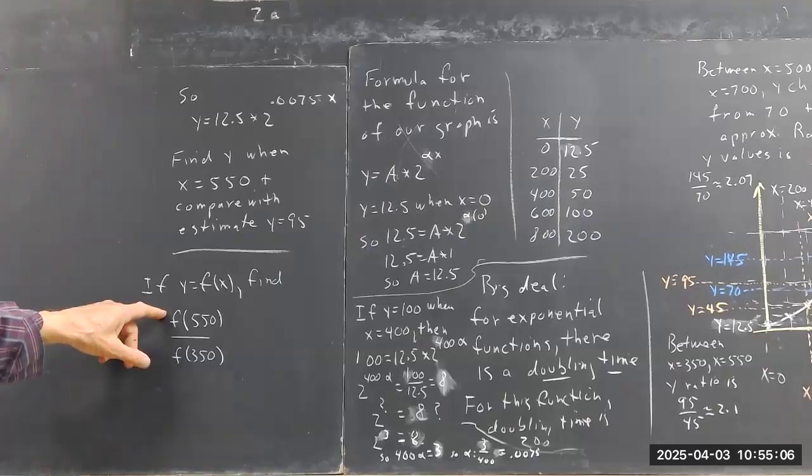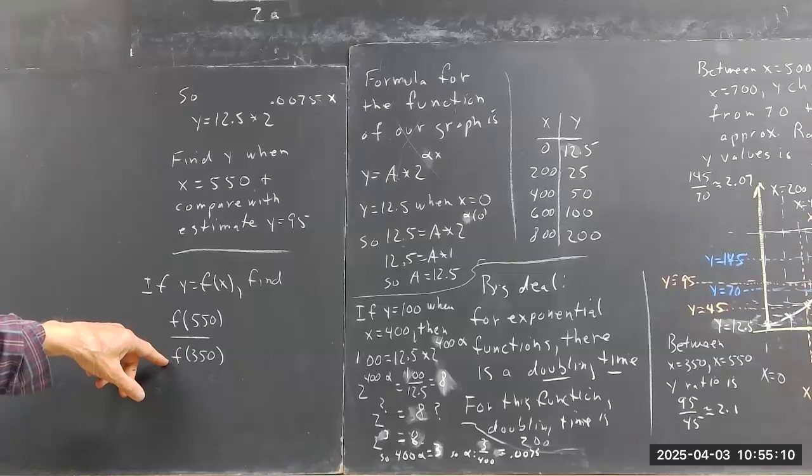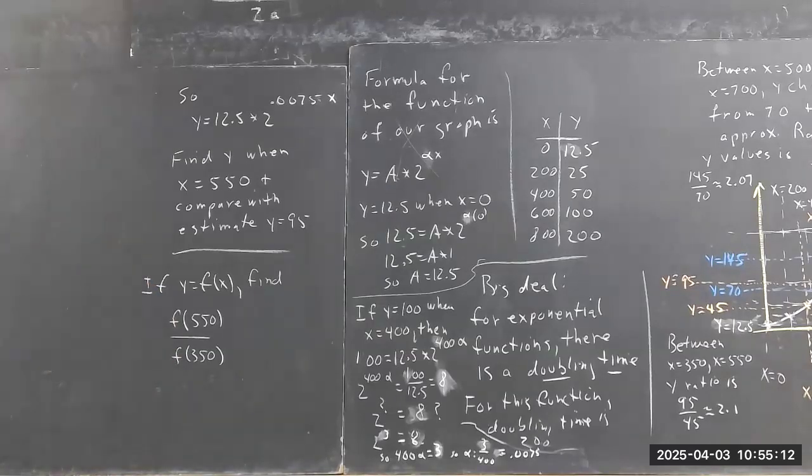And it turns out that if we evaluate this, which we'll do in pre-calculus class, we do find that there's a constant doubling time. And that's perhaps the most important characteristic of an exponential function.